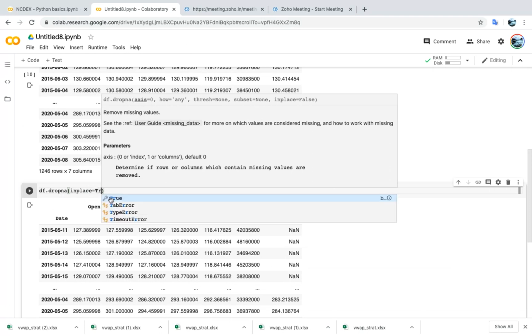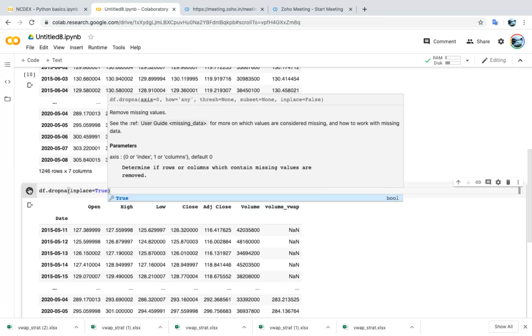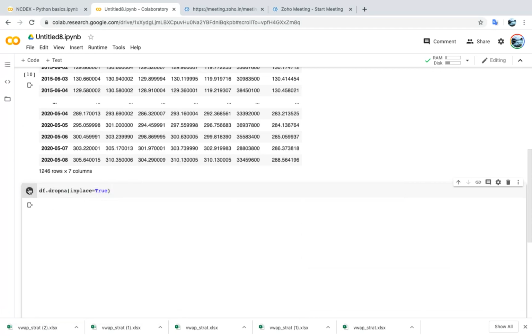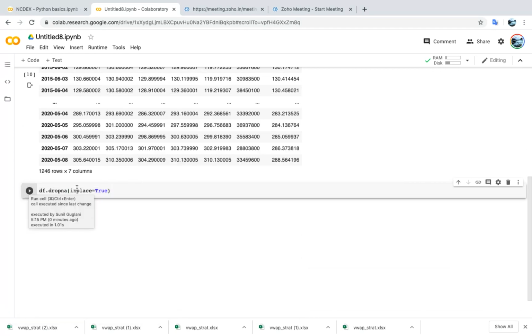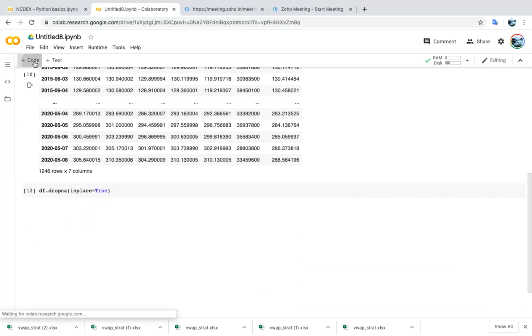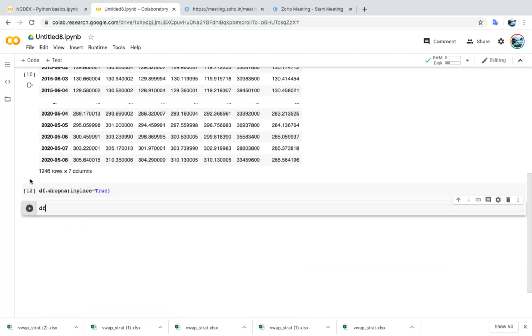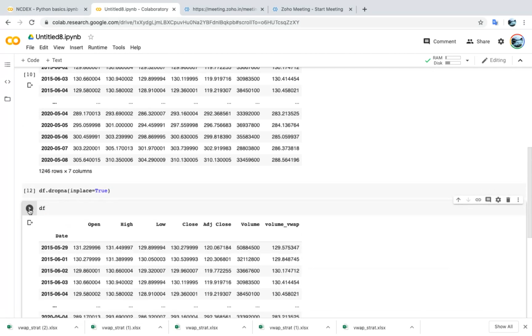So if I do like this, it will be applied. I don't need to assign this to any other variable. Let us see whether it works or not. This time it is removed. So it worked well. Now what is the next step?